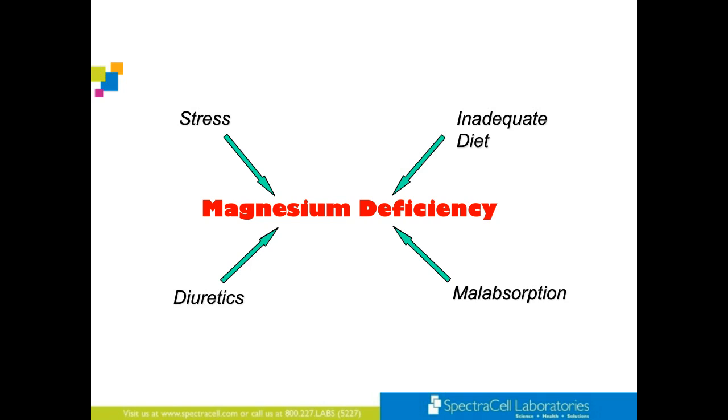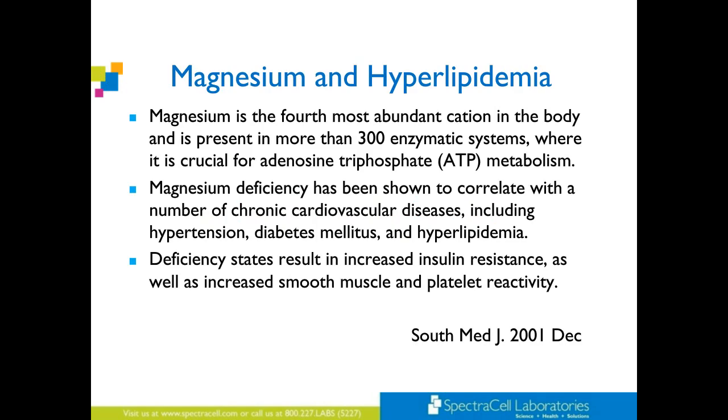So here's some evidence, and you can see, of magnesium's relationship with hyperlipidemia, and of course that correlation going into diabetes, and of course associated with high blood pressure. One thing a lot of people don't know is that magnesium actually works as an antiplatelet aggregator.